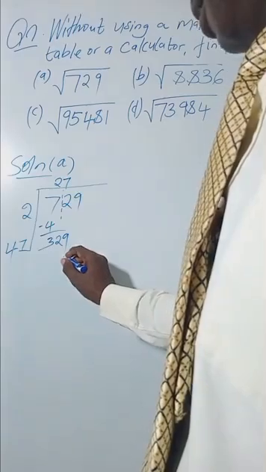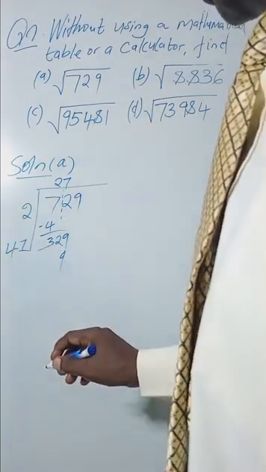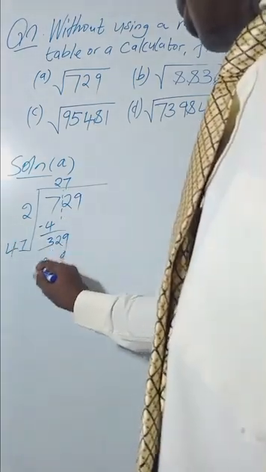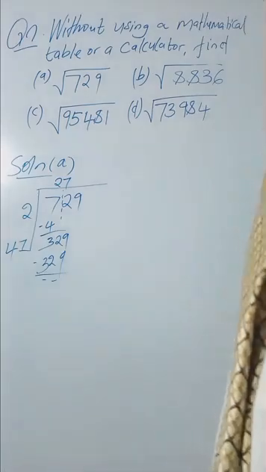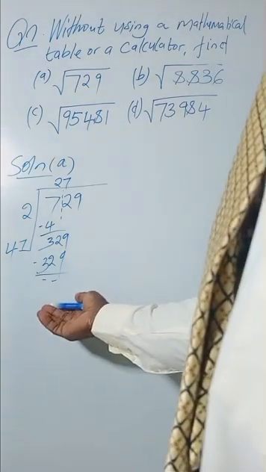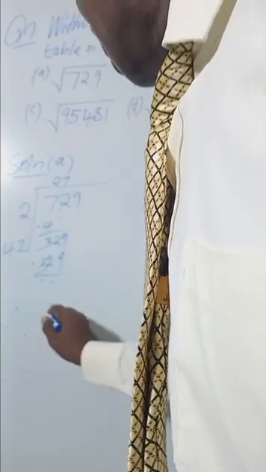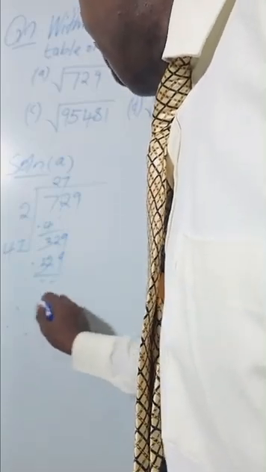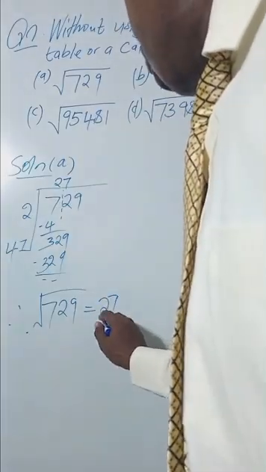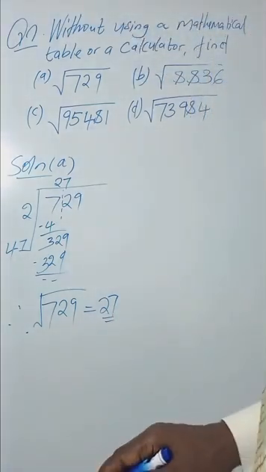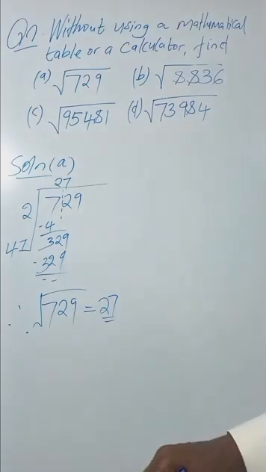7 times 7, this is 49. We carry 4. 7 times 4, 28 plus 4, this is 32. Taking the difference, we get nil. So that's the end. Therefore, the square root of 729 is equal to 27.